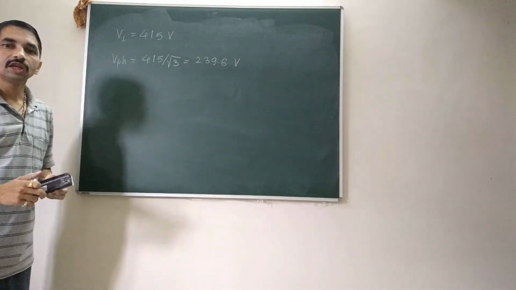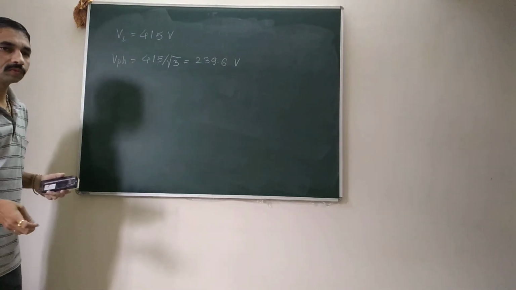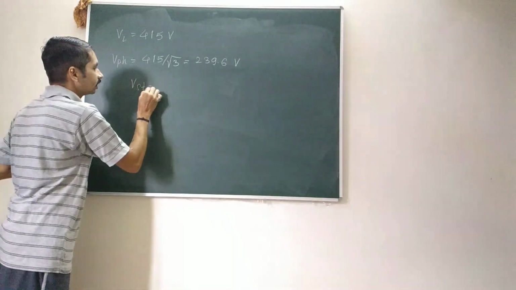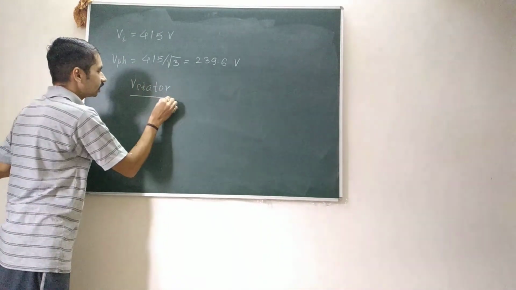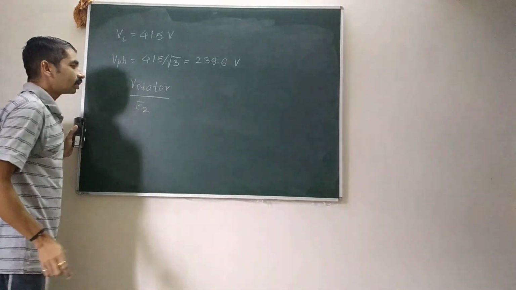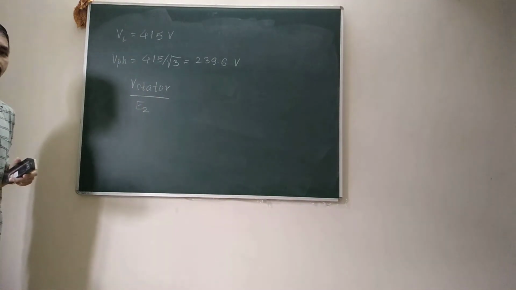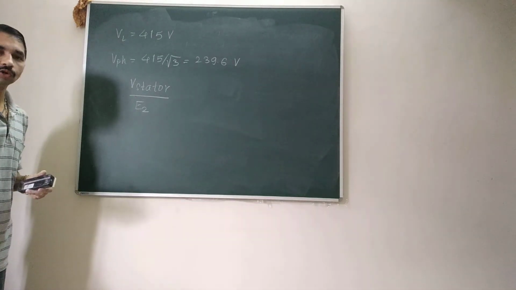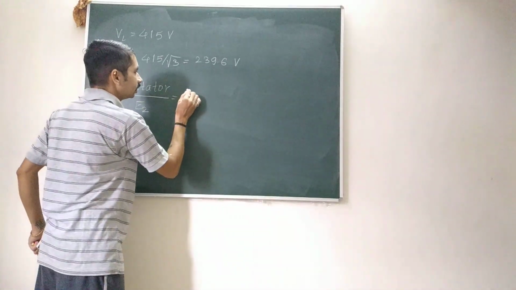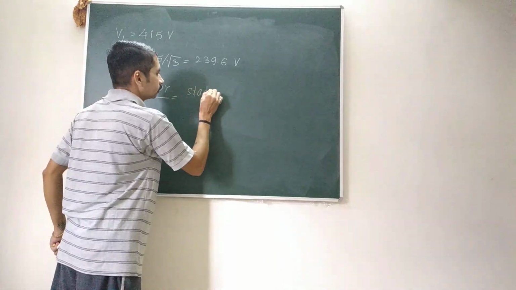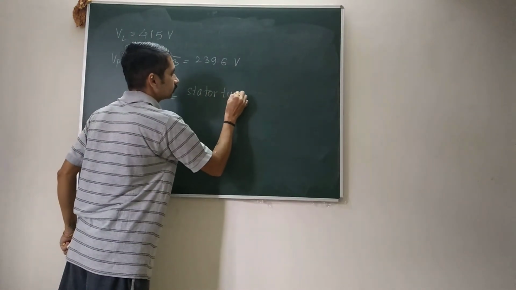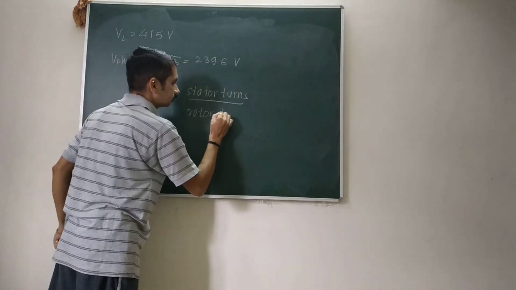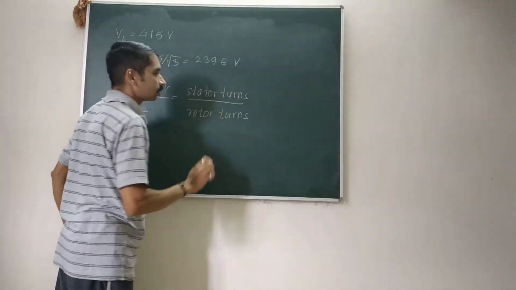Now we use this value for further calculation. Recall the equation for transformation ratio; here I will modify it a little. The stator voltage upon the rotor induced EMF per phase, E2, is the ratio of the stator to rotor voltages, and on the right hand side it will be stator turns upon rotor turns.